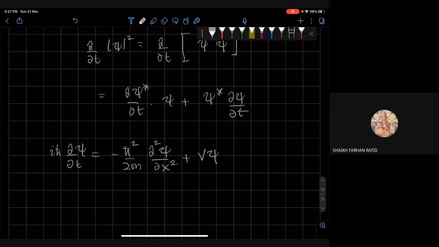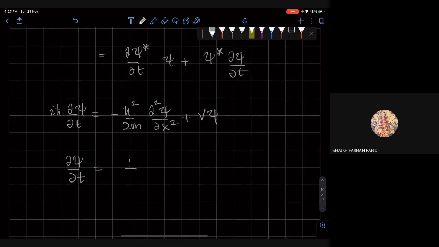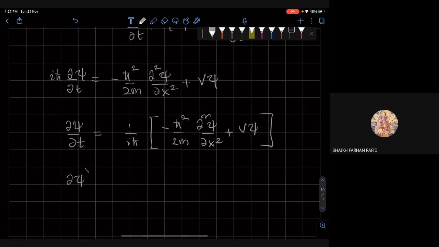So that means that del psi by del t is equal to 1 over i h bar times minus h squared by 2m del squared psi del x squared plus V psi. Then I can take its complex conjugate. On the right-hand side, I get minus 1 over minus i h bar times h squared by 2m del squared psi star del x squared plus V psi star, right?